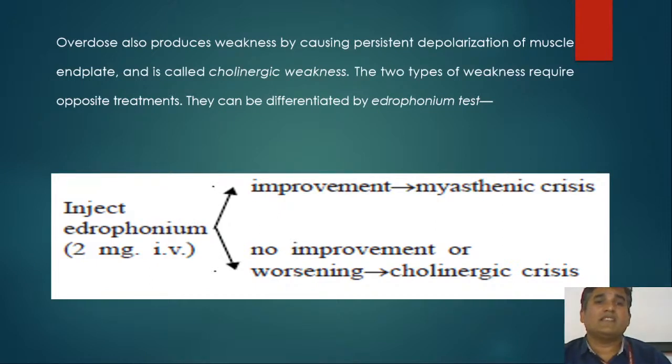When you give an excess of acetylcholinesterase inhibitor, it increases the concentration of acetylcholine to a level that can cause persistent depolarization, and paralysis-like symptoms appear, with further weakness.